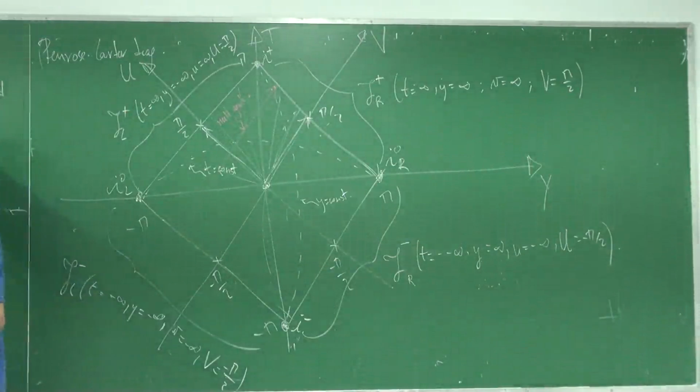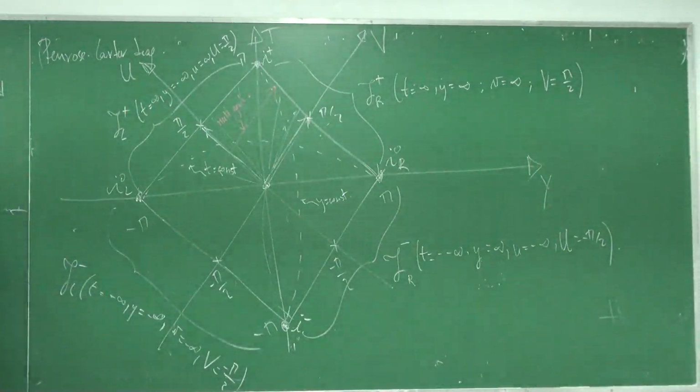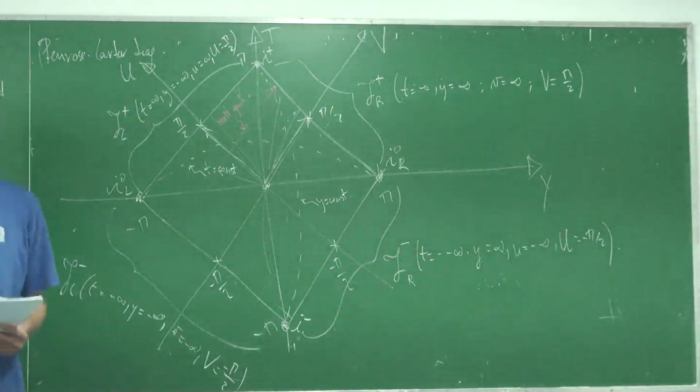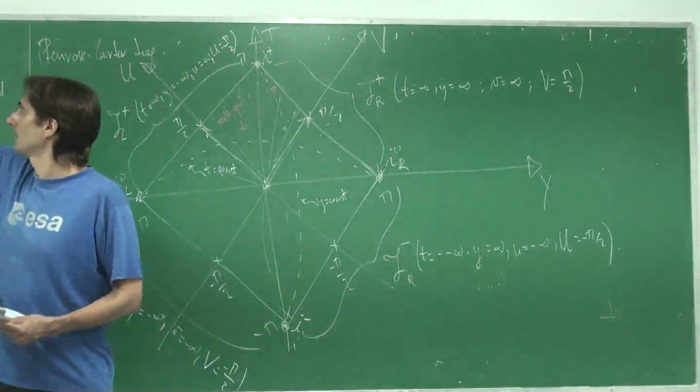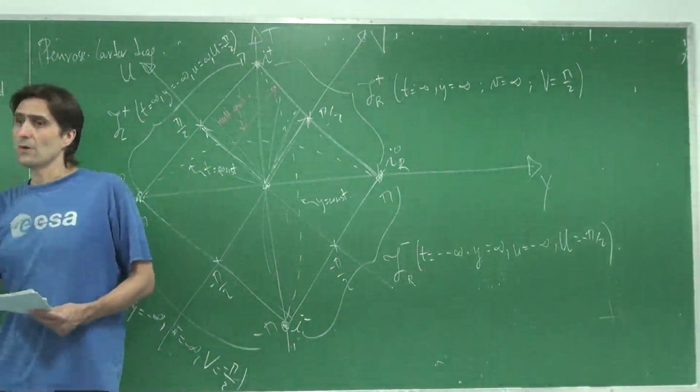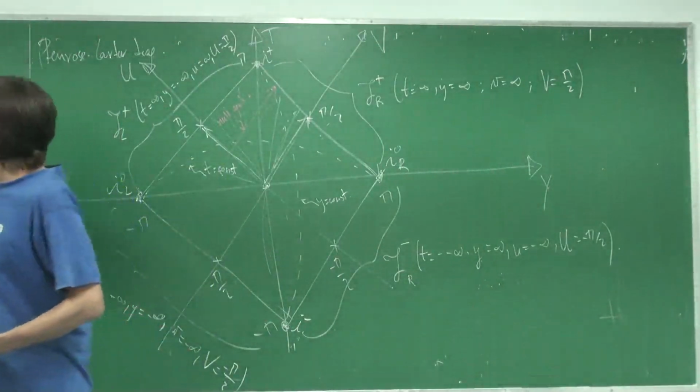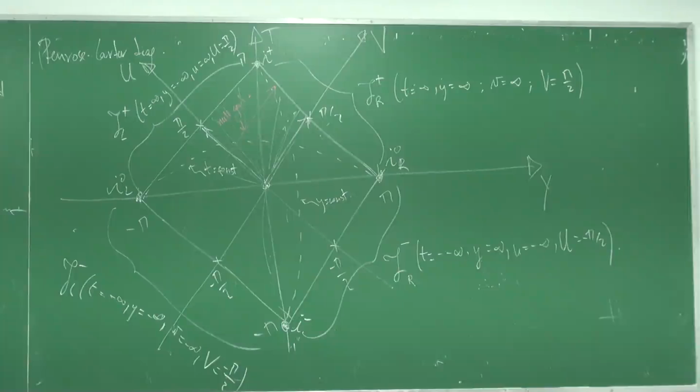Each point here is a two-sphere. It has the topology of a two-sphere, so this ignores the theta and phi coordinates.